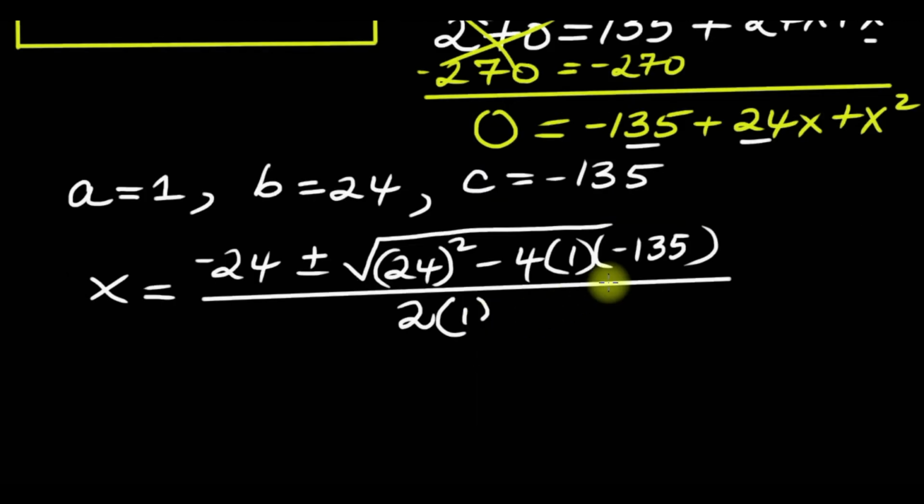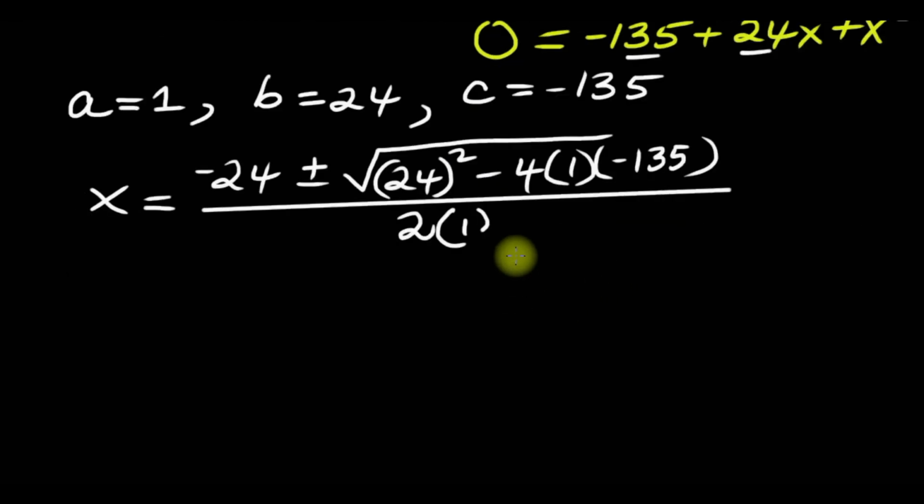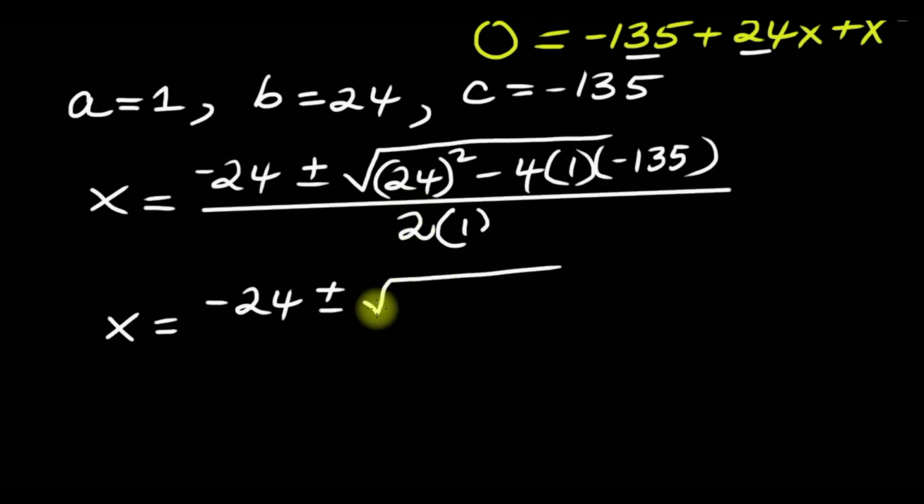All right, so now we're going to simplify. So here, I have x equals negative 24, plus or minus square root of 24 squared. 24 times 24 is 576. So here you have negative 4 times 1 is negative 4, times negative 135 is going to be positive 540.